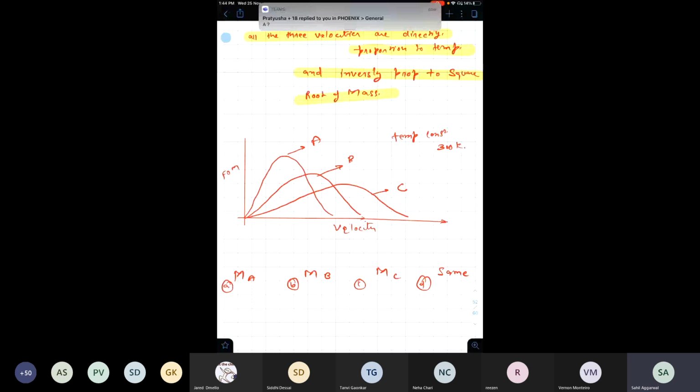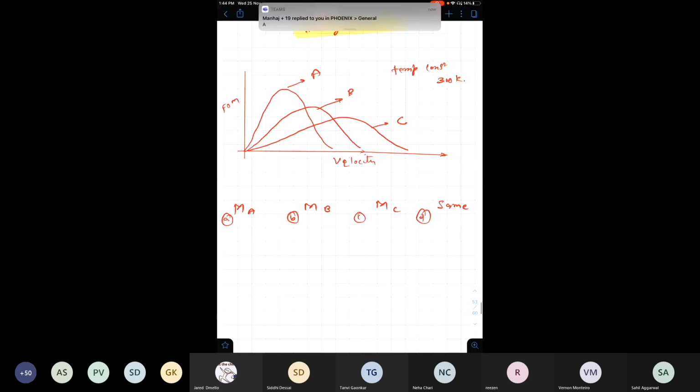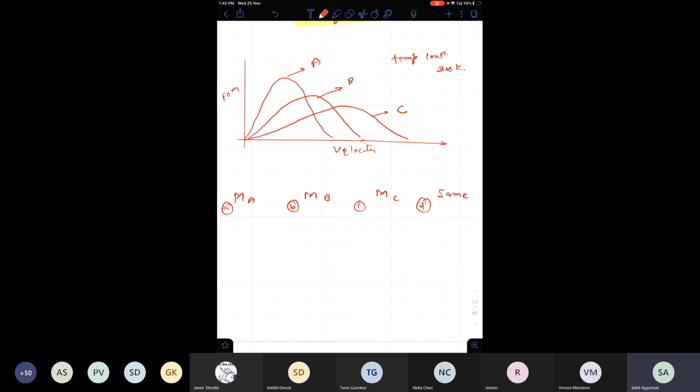Which gas will have maximum mass? किस गैस का मास मैक्सिमम होगा?